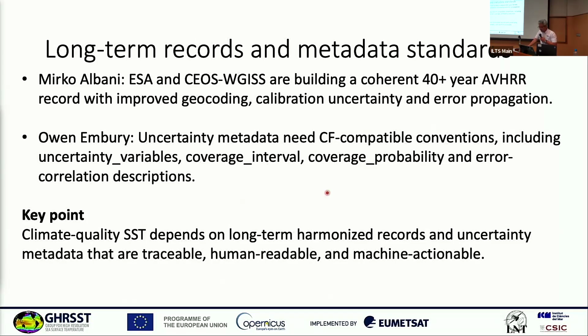And Ron presented the need for CF-compatible uncertainty metadata conventions, including the uncertainty variables, coverage, interval coverage probability, and error correlation descriptions. The key point is that climate quality SST depends on long-term harmonized record and uncertainty metadata that are traceable, human readable, and machine actionable.